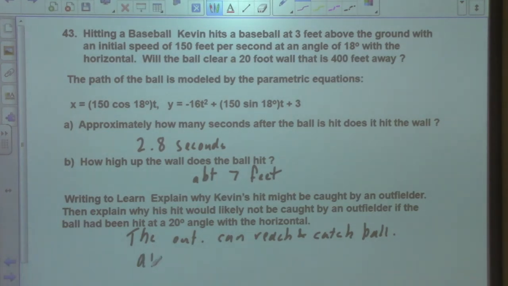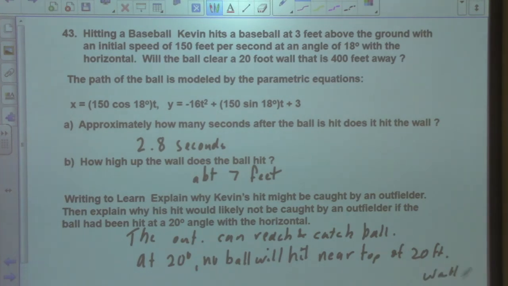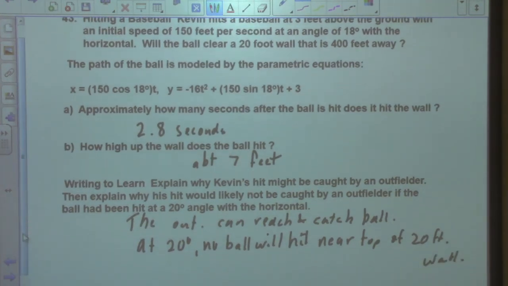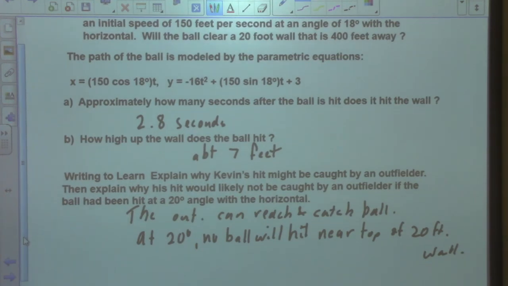At 20 degrees, no, because the ball will hit near the top of the 20-foot wall, right? Okay. So that's number 43.